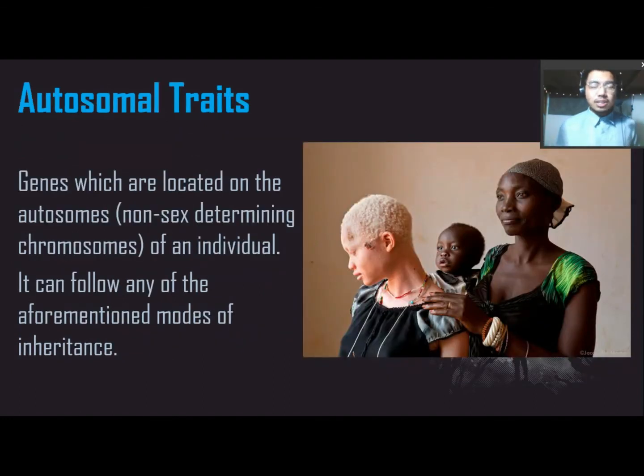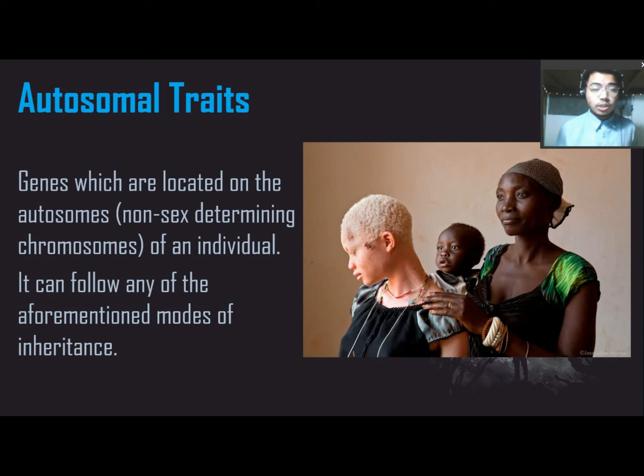Other than the presence of complete, incomplete, and codominance, we also have here the presence of the autosomal traits. Autosomal traits are actually present on the genes which are located on the autosomes or the non-sex determining chromosomes. Basically, for us humans, it is present on chromosomes 1 to 22. So once again, us humans, we actually possess 23 pairs of chromosomes.